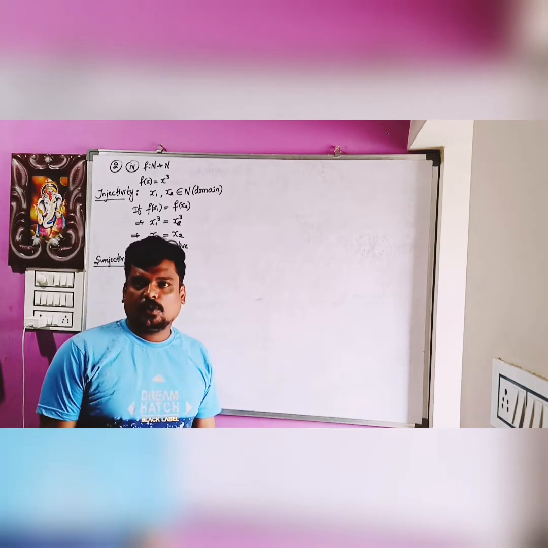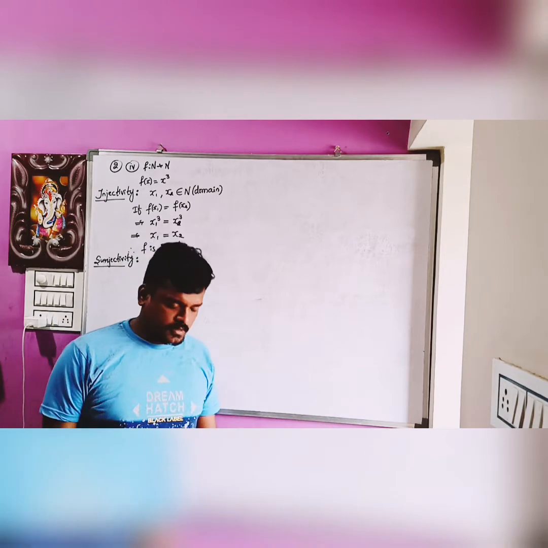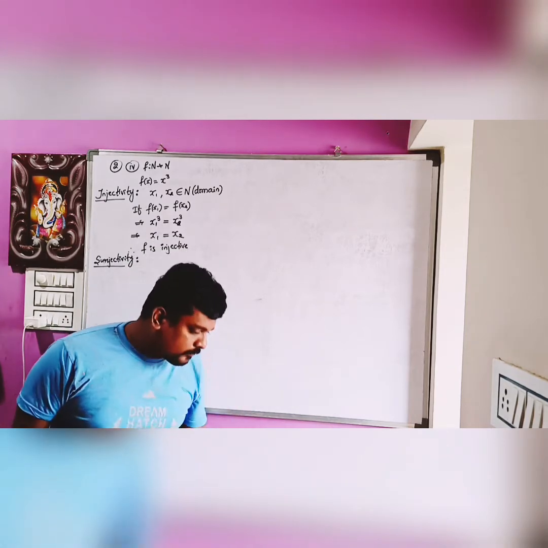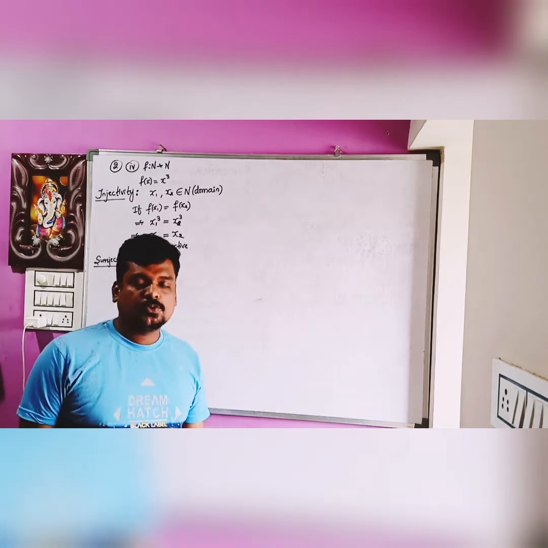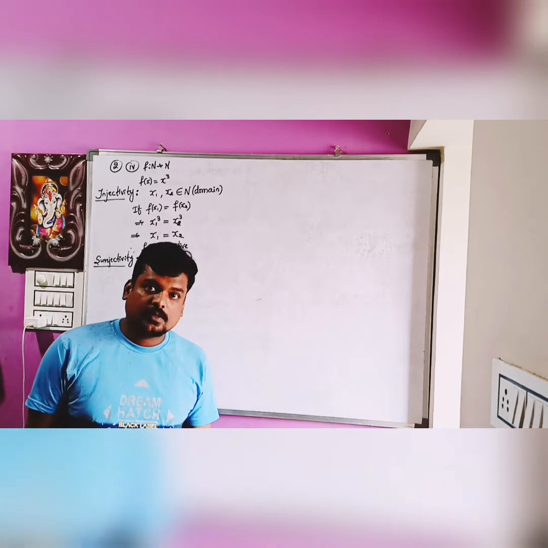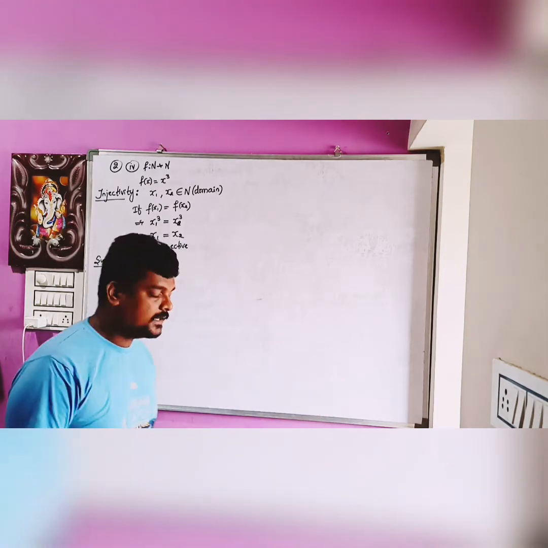For example, the codomain contains natural numbers 1, 2, 3, 4, 5 like that. Cube of which number is 2? Cube of which number is 3? Cube of which number is 4? Like that, the cube of any natural number is not 2, 3, 4.